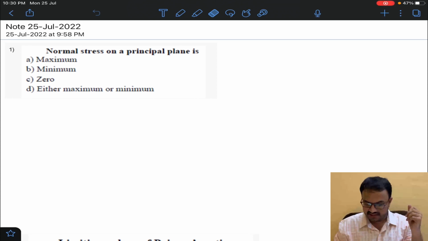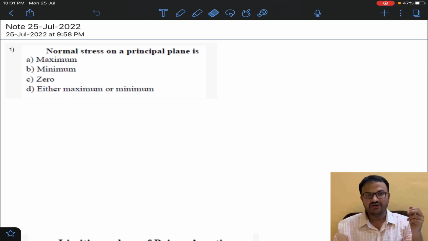Option A, it is maximum. Option B, it is minimum. Option C, it is 0. Option D, it is either maximum or minimum. So on a principal plane, what is the normal stress? Either it is maximum or minimum. So we need to choose from the given options.